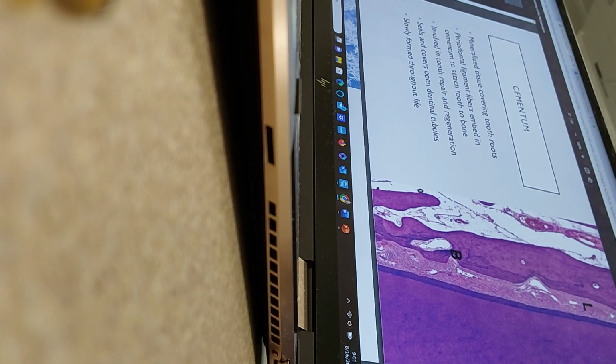Sharpey's fibers, okay? It is involved in tooth repair and regeneration. Cementum seals and covers open dentinal tubules, and cementum continues to be formed slowly throughout life, okay?